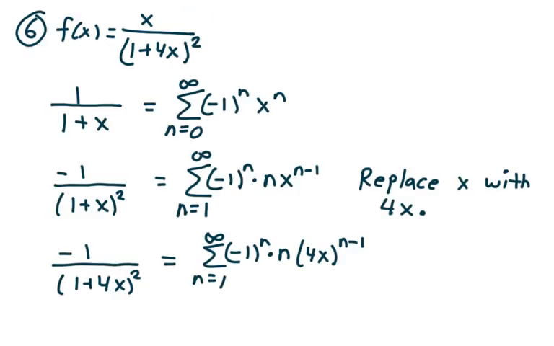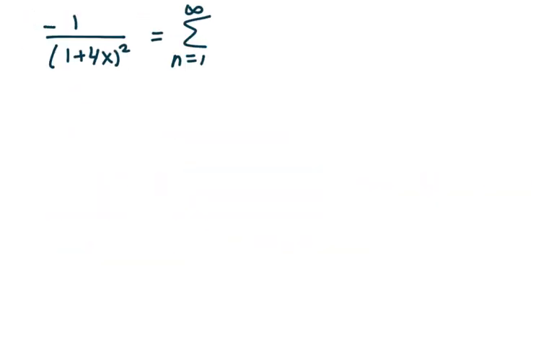And so here I get negative 1 over 1 plus 4x to the second is the summation from n equals 1 to infinity of negative 1 to the n times n times 4 to the n minus 1 times x to the n minus 1.